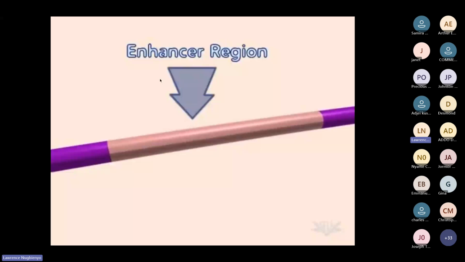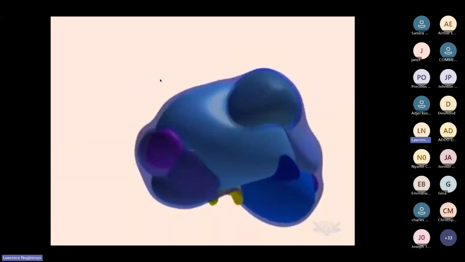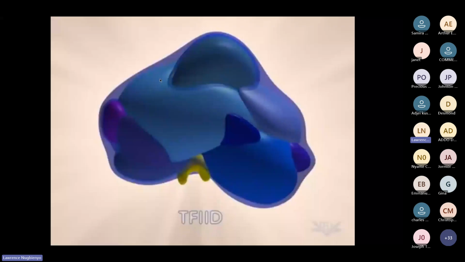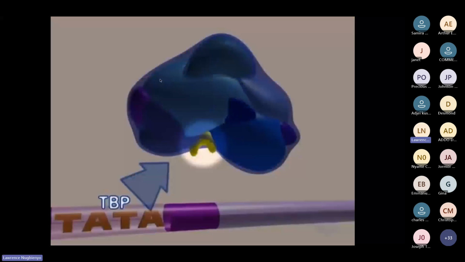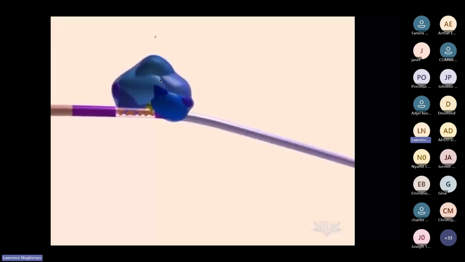Several complexes, known as transcription factors, are required for successful transcription. The first is TFIID, the largest of the general factors. A component of this factor, TBP, binds to the DNA using the TATA box to position TFIID near the transcription initiation site.